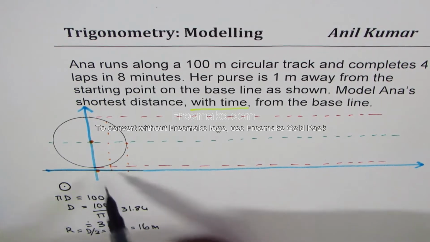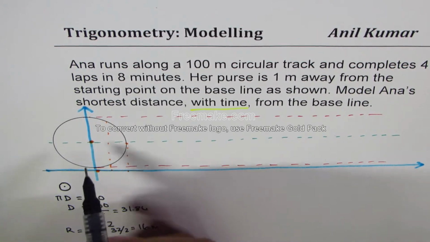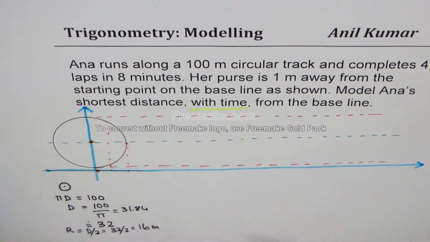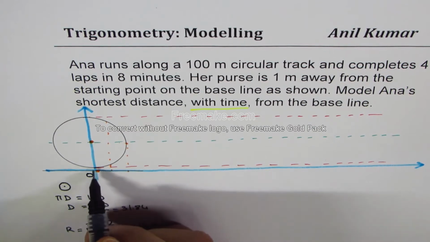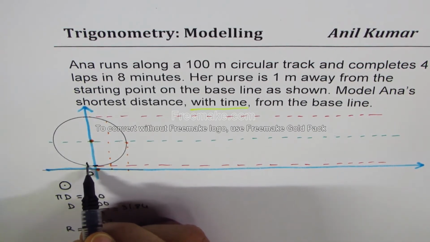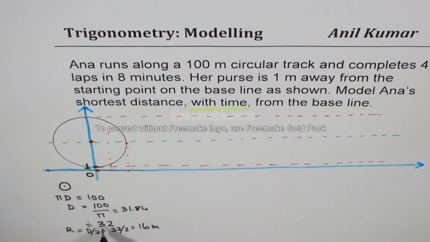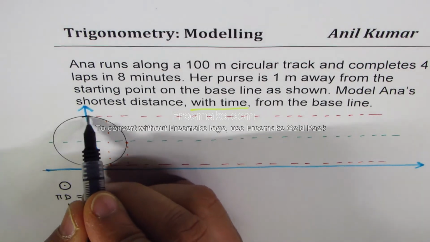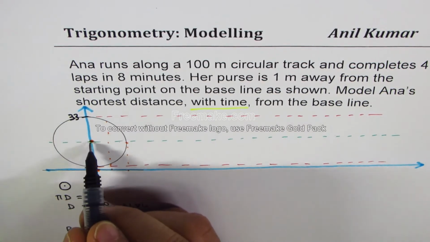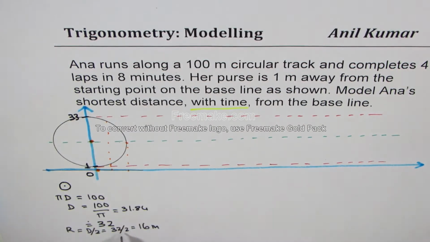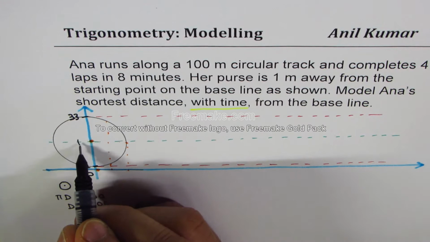So we got some distances now. If I assume this to be my axis, 0 is right there, that should be 1, and I have a diameter of 32, so the maximum will be 1 more than 32, perfect, 33, and that is 1 more than 16, the radius, so that is 17.